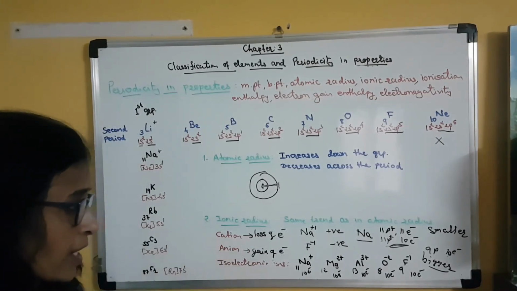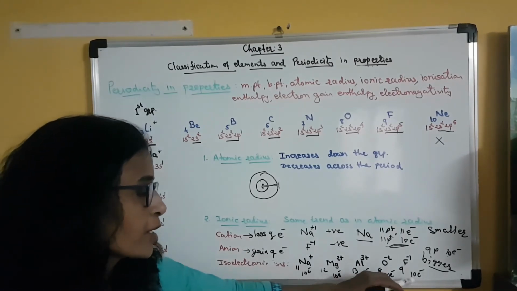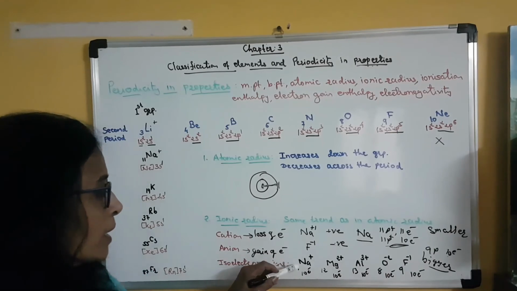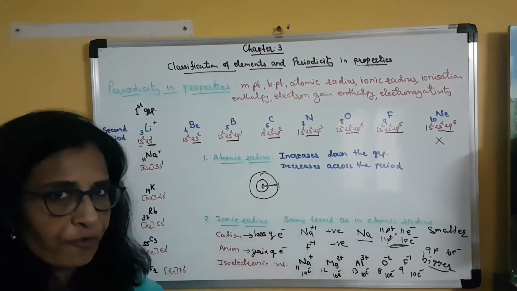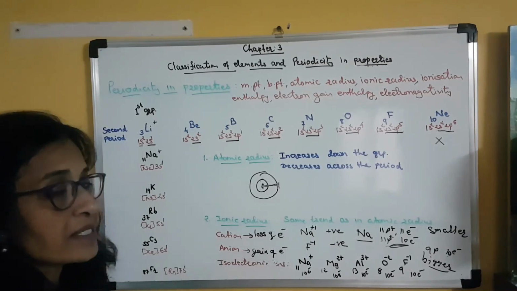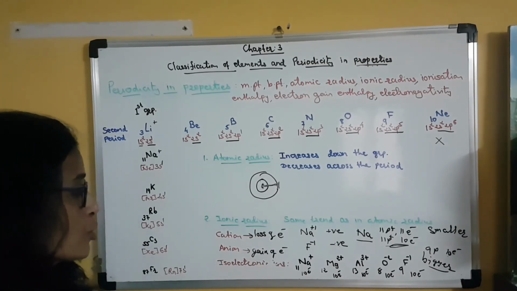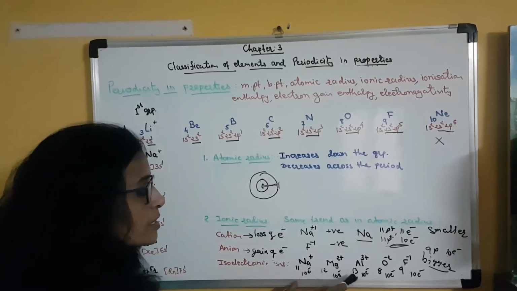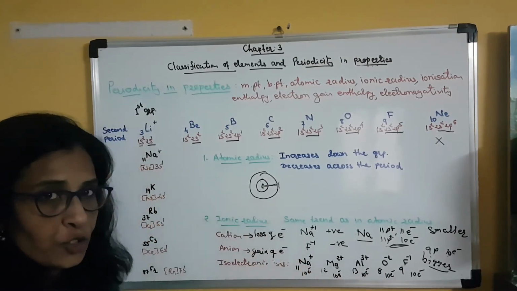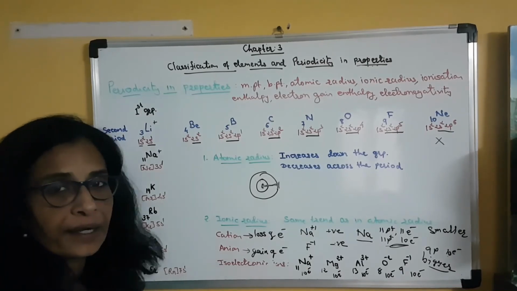In case of isoelectronic species, though the number of electrons is the same, their atomic numbers are different, their numbers of protons are different, and that is why their sizes will be different, their radii will be different.